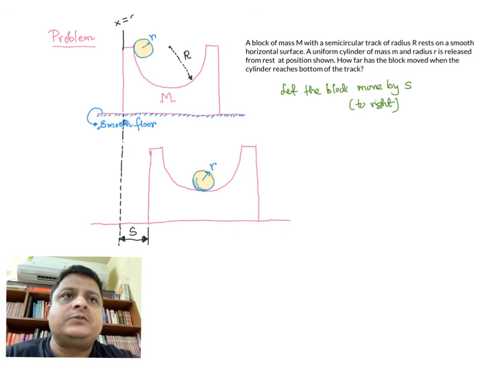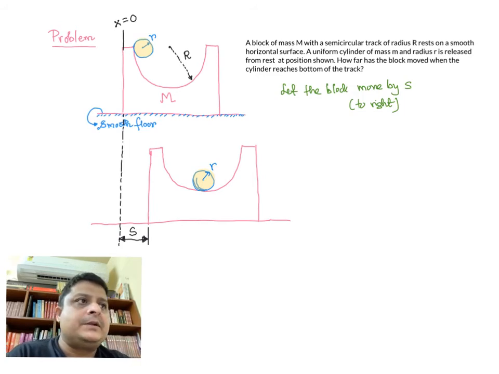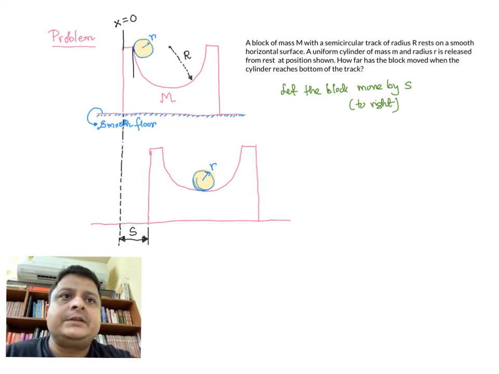Whichever point you choose as x equal to 0, the answer won't depend on that. Whatever shift will happen does not depend on my choice of coordinate system actually. So let this little thickness be h, and this is r, the radius.